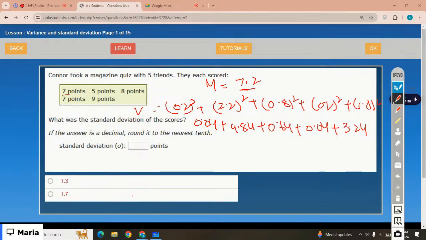Option number 2 is the correct option, right? The correct option is 1.7.